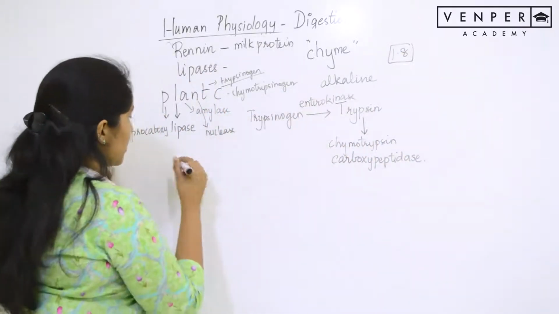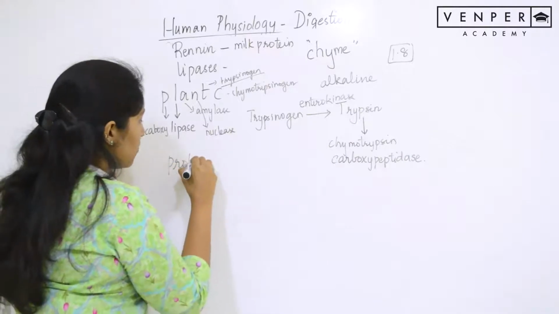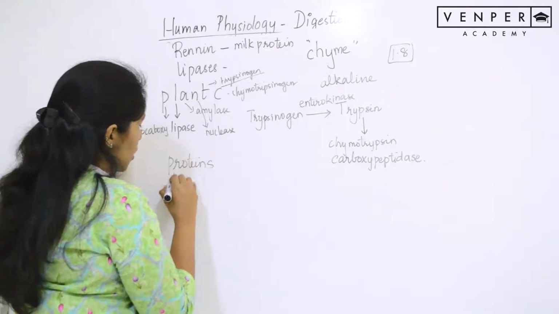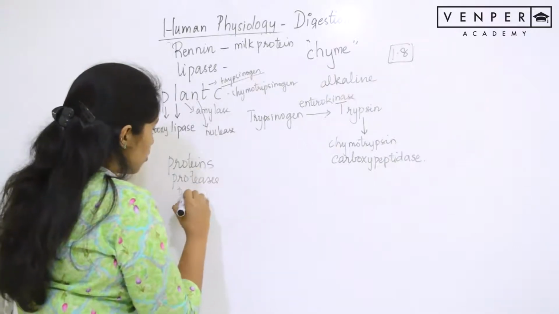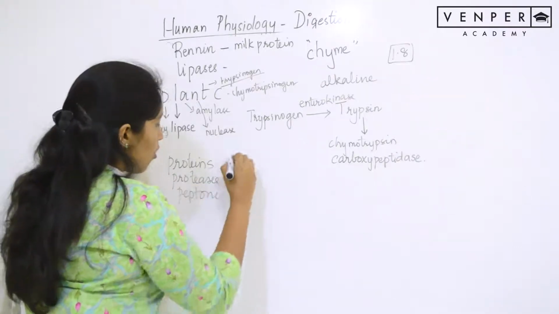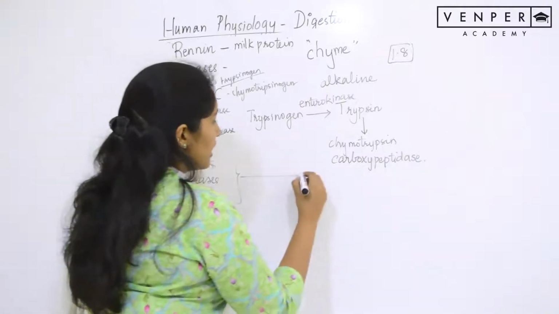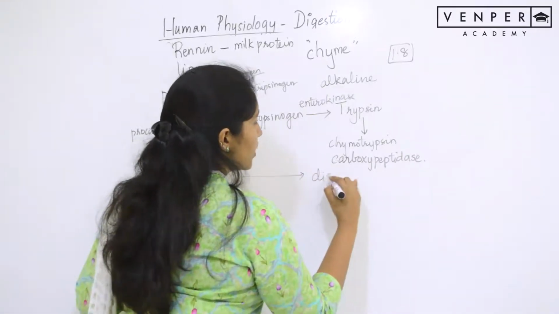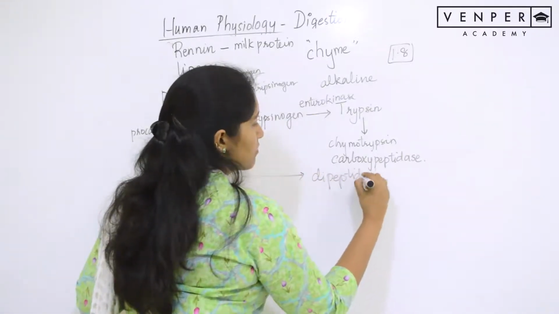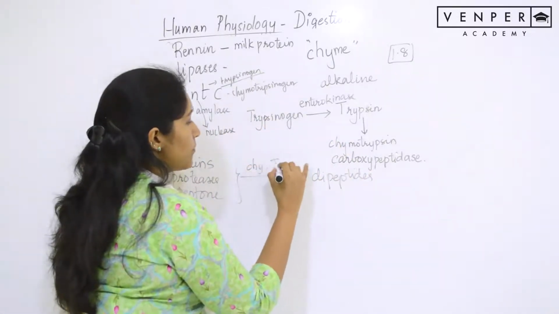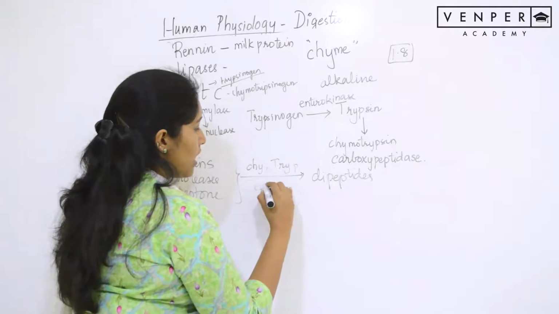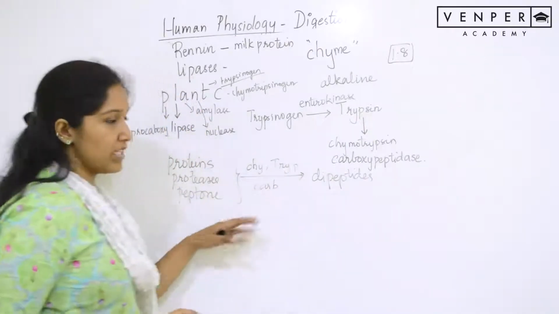From the stomach, we know that in the chyme there will be a little bit of protein. You will have proteases and also your peptones. All these will get converted into dipeptides. Here the enzymes chymotrypsin, trypsin and carboxypeptidase will help.